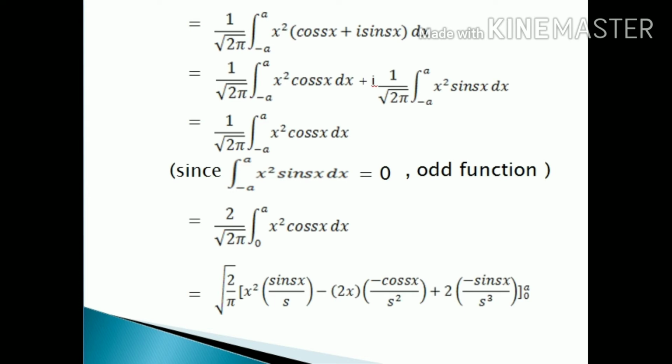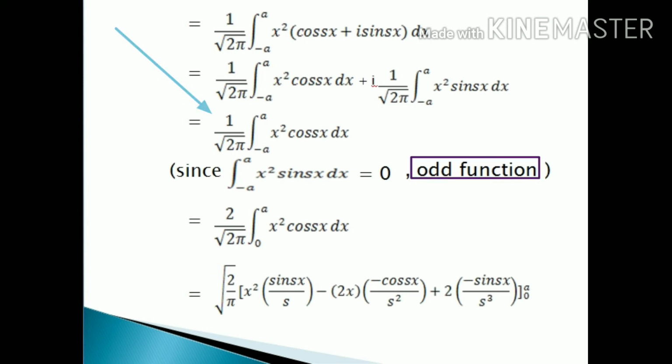That is equal to 1/√(2π) ∫ from −a to a of x squared cos sx dx, plus i times 1/√(2π) ∫ from −a to a of x squared sin sx dx. We split the entire integral into two because in between we have the plus symbol. Using the linearity property, we write like this, right?